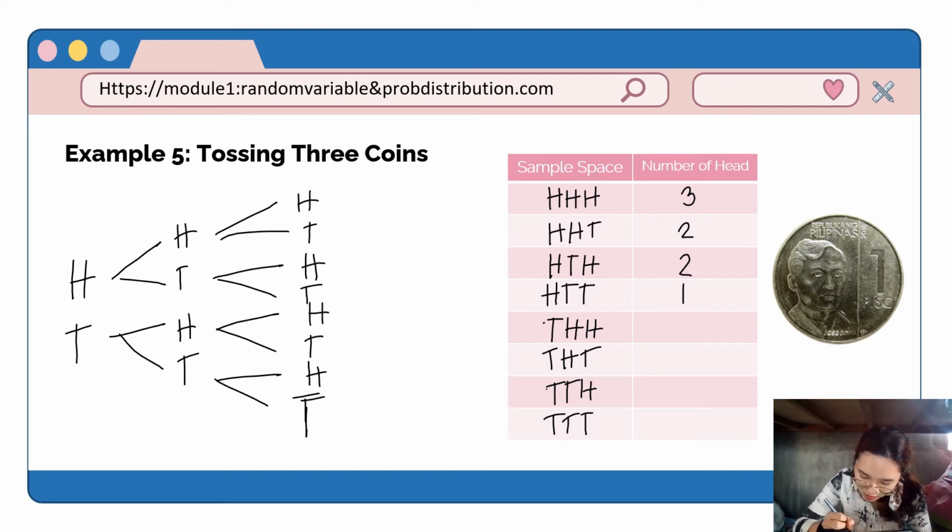Head, tail, tail, merong isa. Tail, head, head, may dalawa ulit. Tail, head, tail, isa. Tail, tail, head, isa pa rin. And pinakaulit, tail, tail, tail, wala tayong head dyan. So, ano yung mga possible values na ng ating random variable? Ito ay maaring walang head, may isa, may dalawa, at may tatlo. So, these are the values of random variable number of head. Okay?